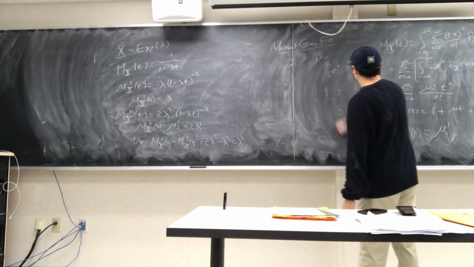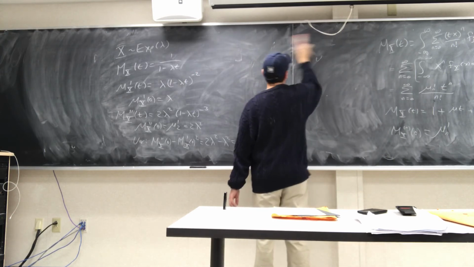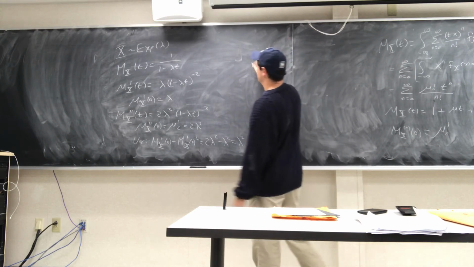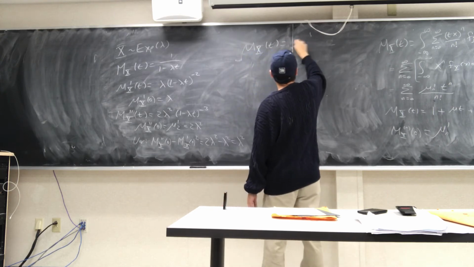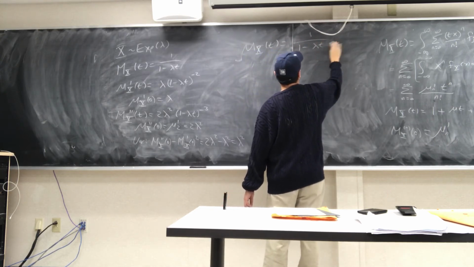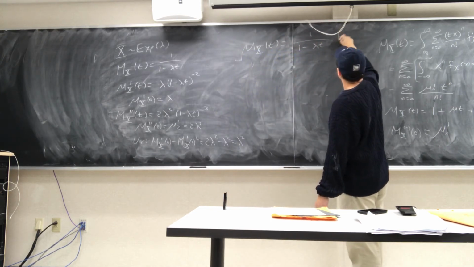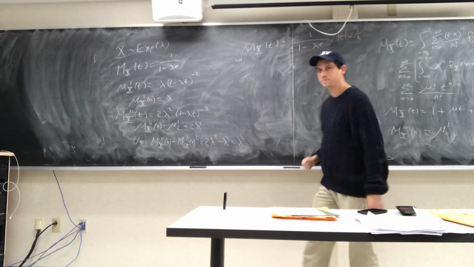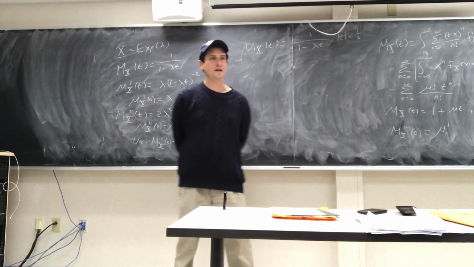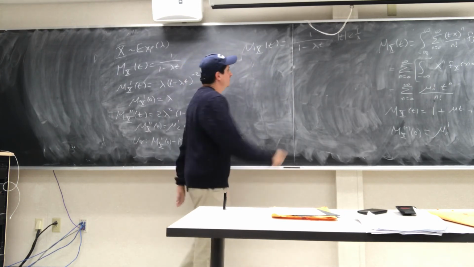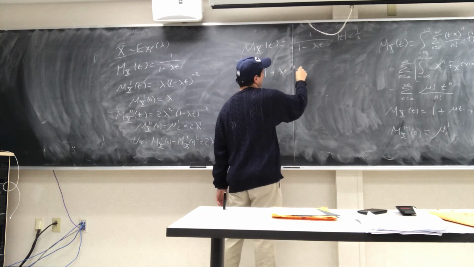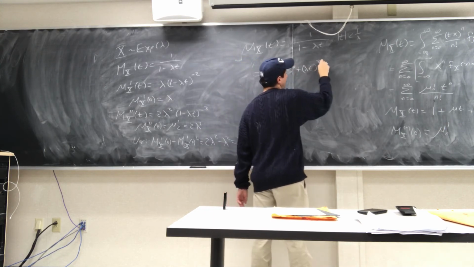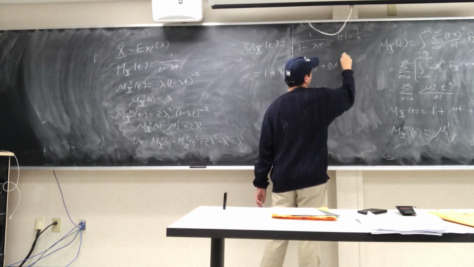Here is another way to do it. We have seen the geometric series many times. We know M_X(t) is 1 over 1 minus lambda t, say for t less than 1 over lambda. We can expand this with the geometric series formula. This is equal to 1 plus lambda t plus (lambda t) squared plus (lambda t) cubed.